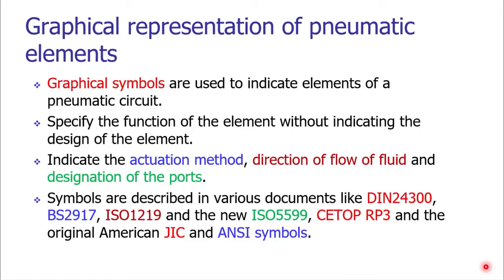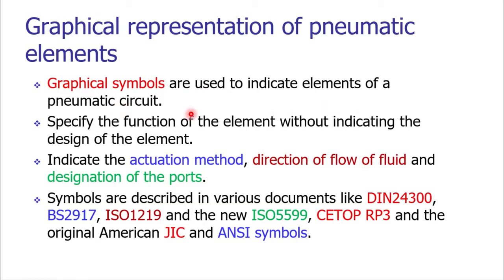And to communicate the drawing of this assembly to the shop floor, the process planner or the purchase engineer is a huge task. So communicating with them in a proper way is very essential and important. For that purpose, we are using graphical symbols to indicate these elements in pneumatic circuits as well.